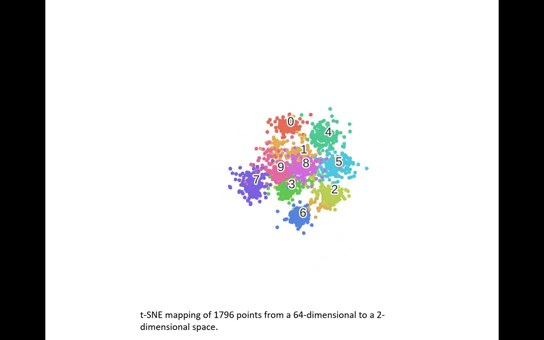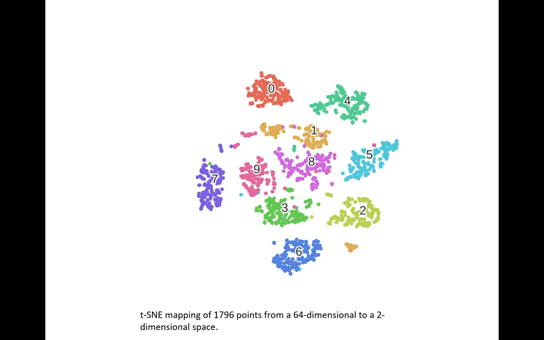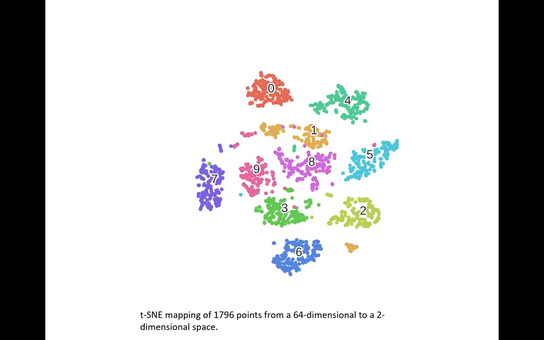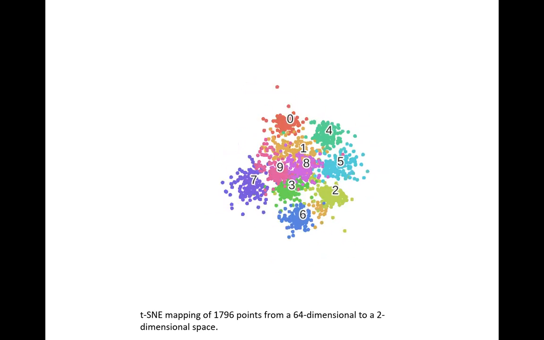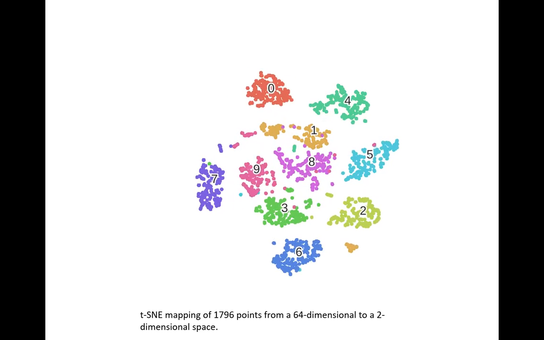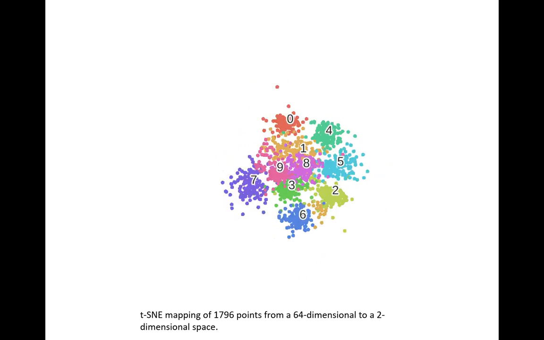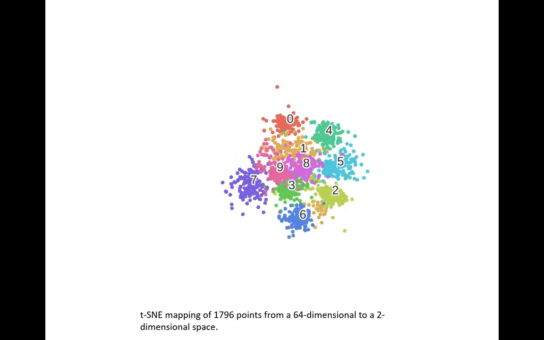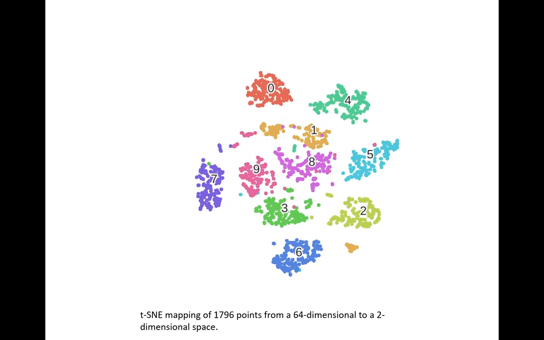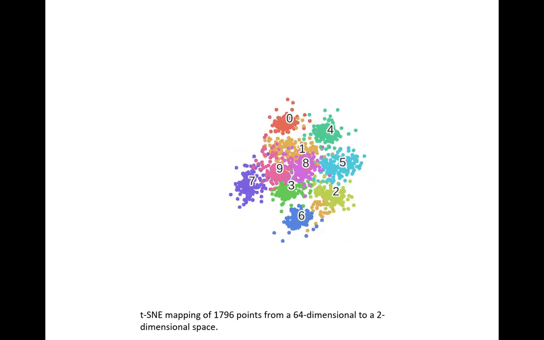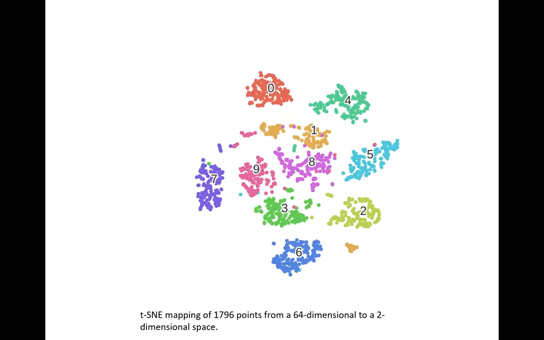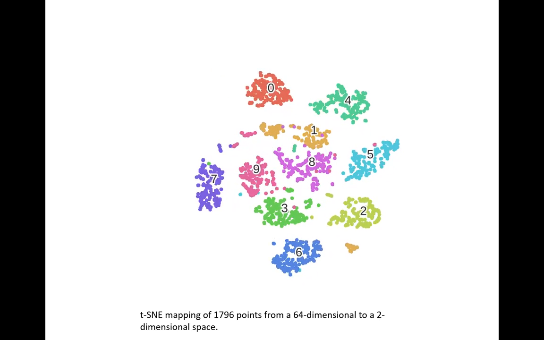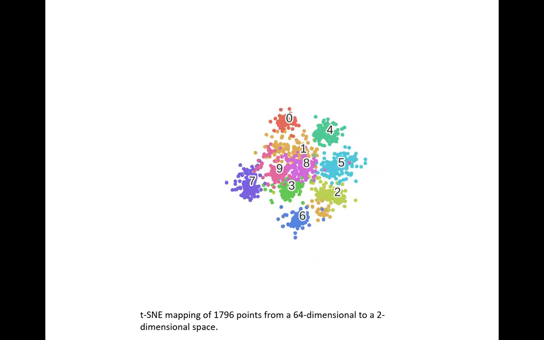You can see that all the digits that represent 7 are grouped together. Digits representing 6 are all grouped together. Digits representing 0 are all grouped together. That means from high dimensional space, where all the zeros would be close to each other, and all the 6s will be close to each other because they have similar patterns, when we map them, we are able to maintain that neighborhood for those points in the lower dimensional space.